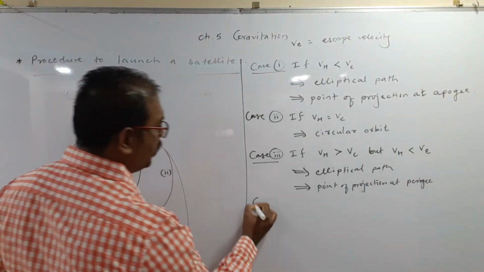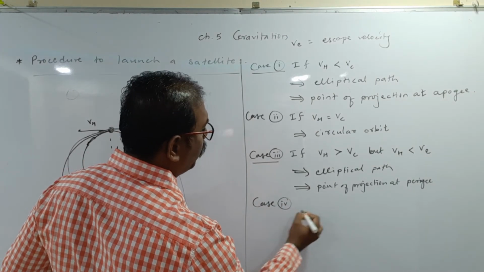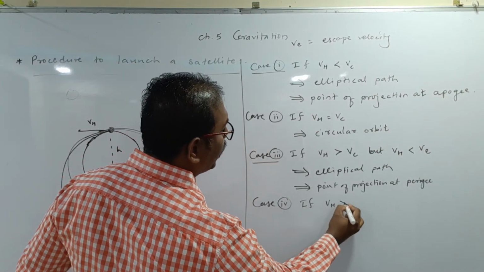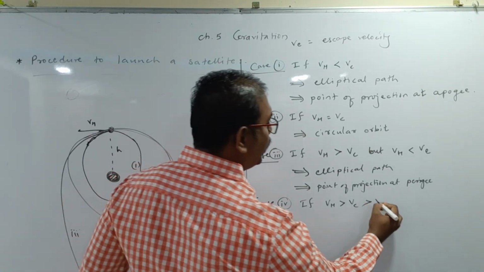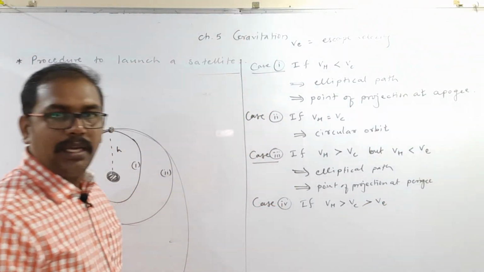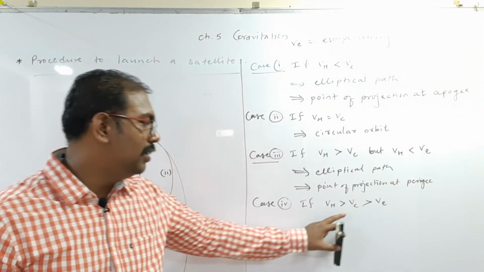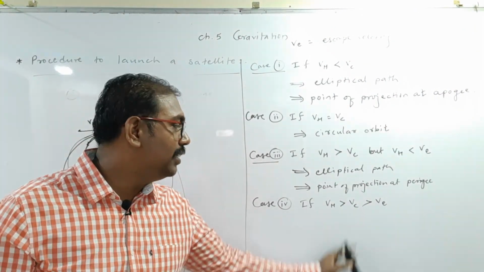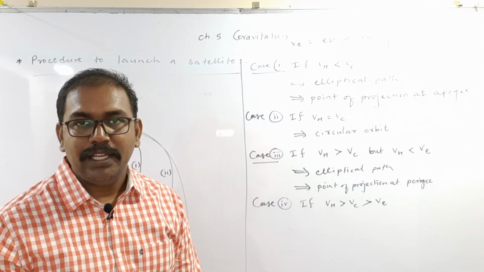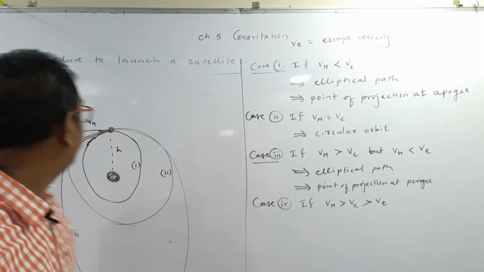Now fourth case, case number 4. If horizontal is greater than critical and greater than escape, then obviously it escapes the gravitational field.